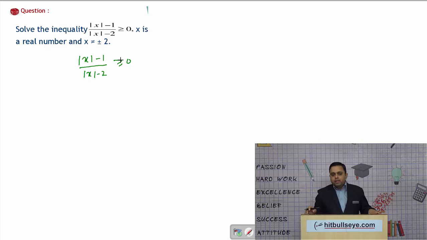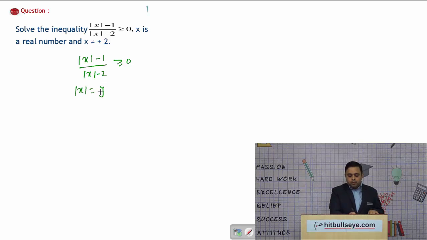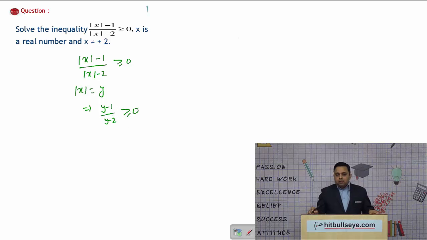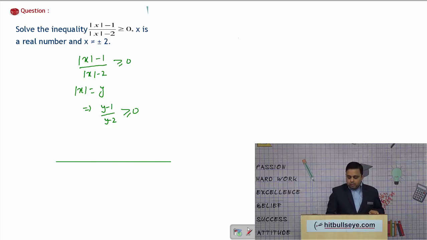Here I will take mod x equal to some other variable, say y. So my inequality will change to y minus 1 upon y minus 2 greater than or equal to 0. To find the solution set, I will plot the number line and plot the points. The critical points are 1 and 2.